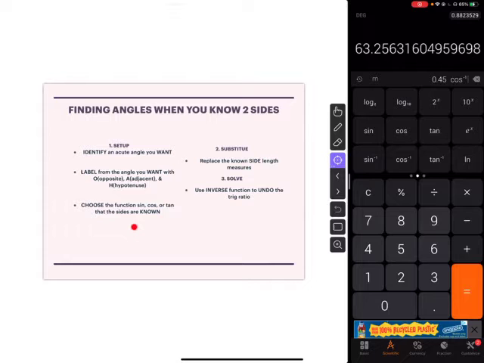You're going to do that by choosing a trig function with your chosen angle with the ratio of sides that we know in the triangle. And you'll see that as we go through. Once we get it set up, everybody, it's the same thing as we've always done. Substitute in and then solve. Okay, and solving again, we'll have to use our inverse function to solve these things.